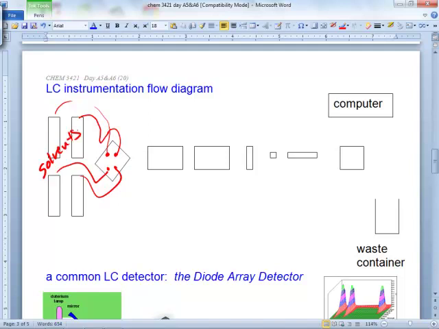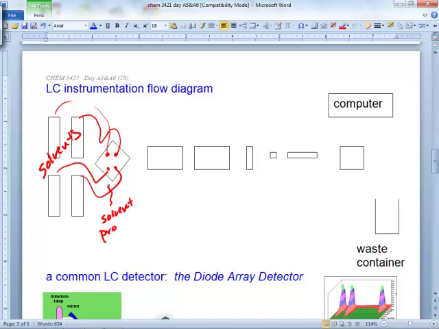And then what you're going to do is the computer, you don't want to have the computer do all this. Let's suck up 80% of this ethanol and 20% of the water. Or let's do 80% of that one, 5%, just so that percents add up to 100. And all that is done by this little guy, the solvent proportioning valve.